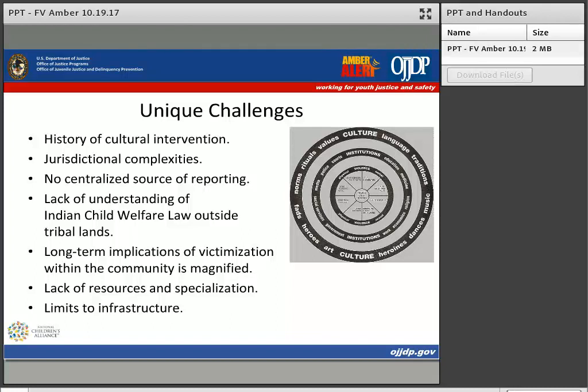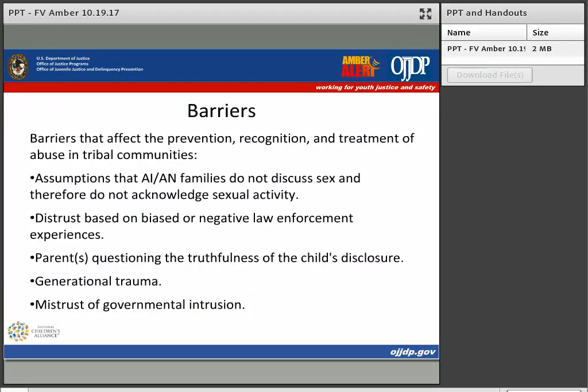The reporting aspects that we talked about, the lack of understanding of laws like child welfare laws outside the tribal community, and then of course resources, people that can specialize in one area or another, or infrastructure limitations. All of those are challenges that you're going to face.